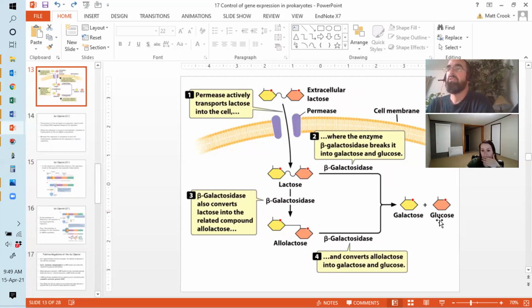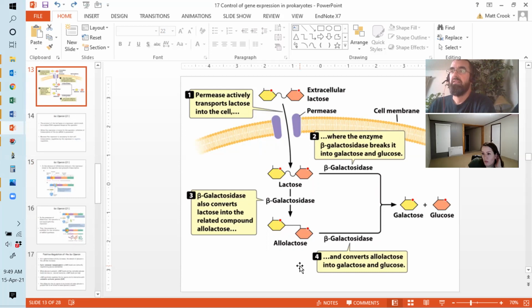Now, this glucose is going to be metabolized and turned into ATP, essentially. And so once the throughput of this pathway, turning lactose into glucose, starts exceeding the demand for glucose, now you don't need as much of that going on.